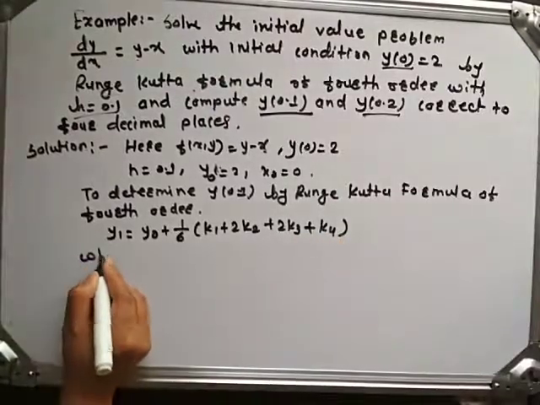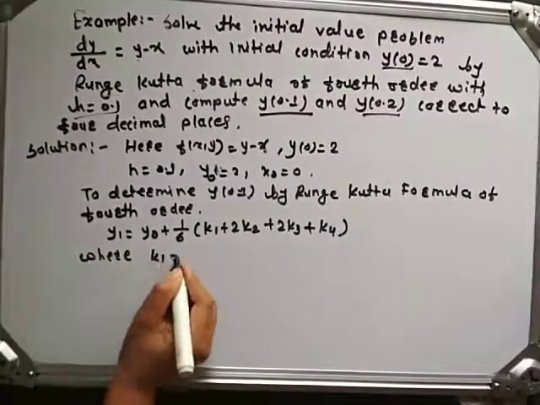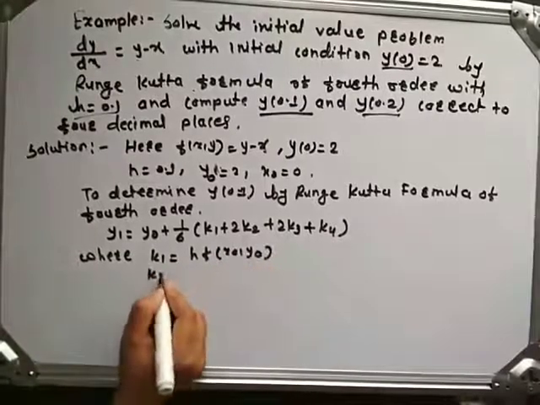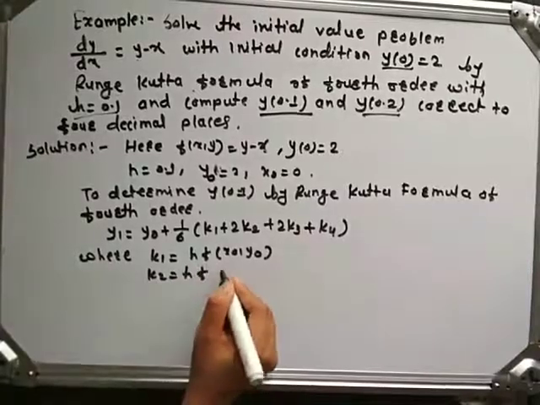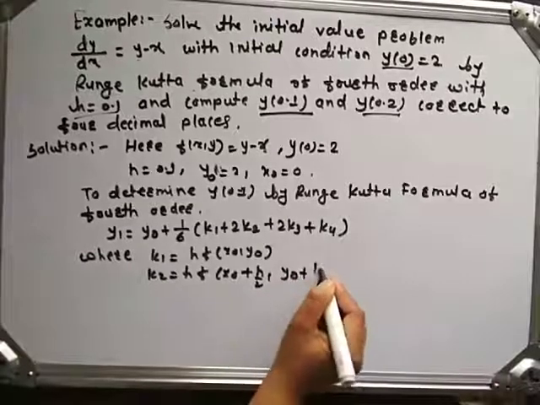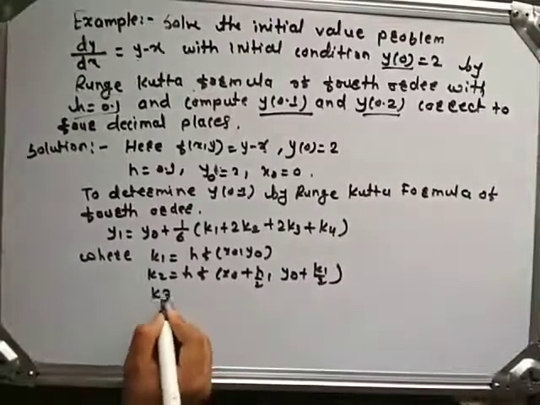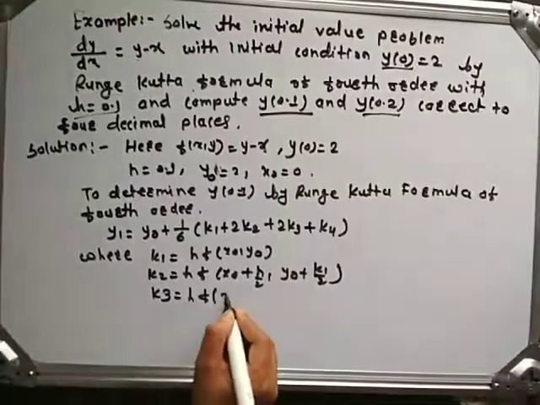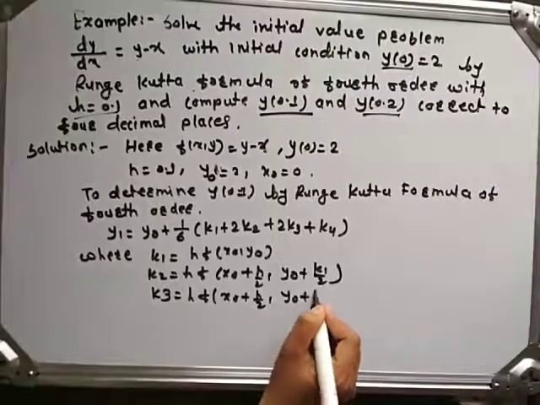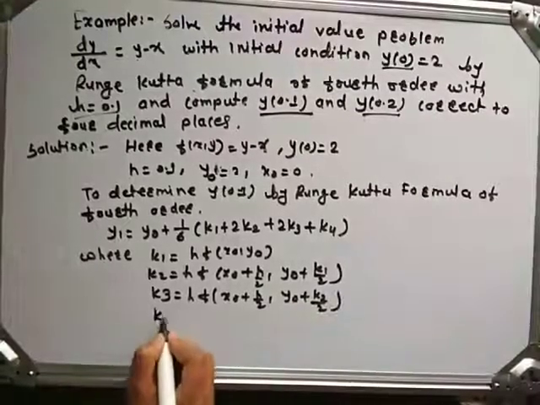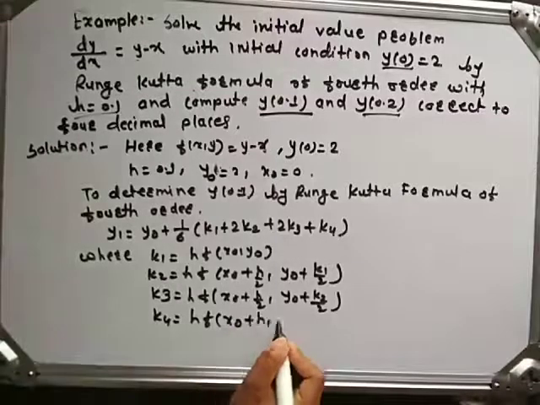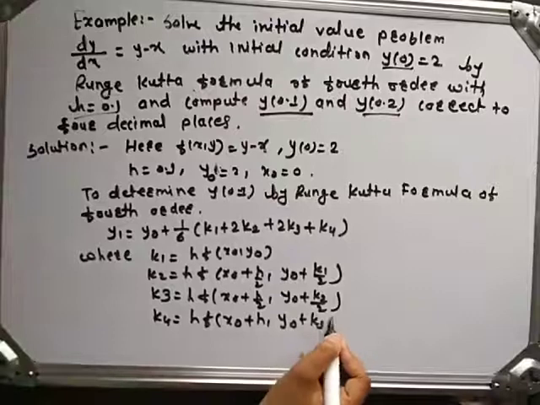Okay, where k1 is h into f of (x0, y0), k2 is h into f of (x0 plus h by 2, y0 plus k1 by 2), k3 is equal to h into f of (x0 plus h by 2, y0 plus k2 upon 2) and k4 is equal to h into f of (x0 plus h, y0 plus k3).